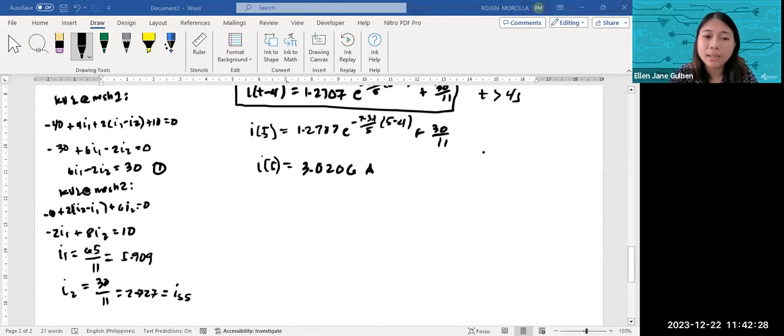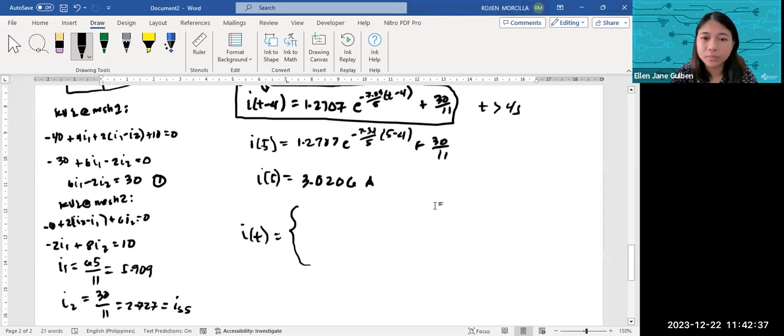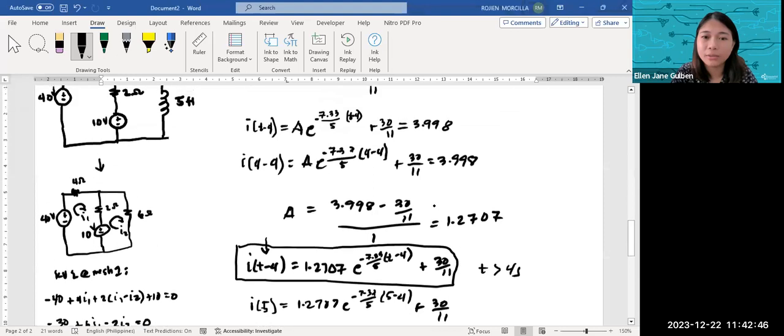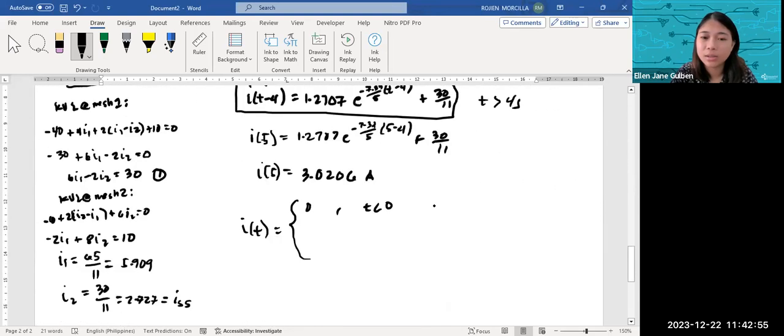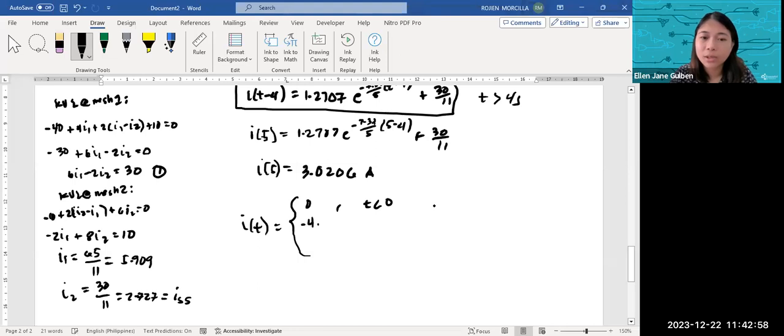Okay, so to summarize our answer, I at t is equal to 0 at time less than 0. We have negative 4e to the negative 2t plus 4 for 0 to 4 seconds.